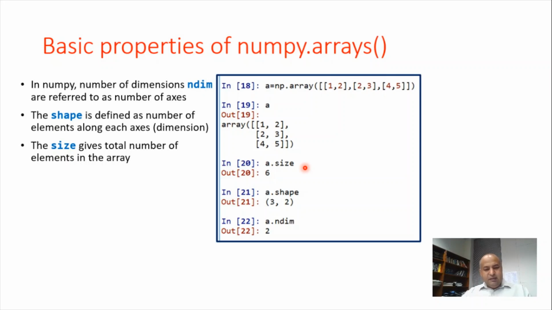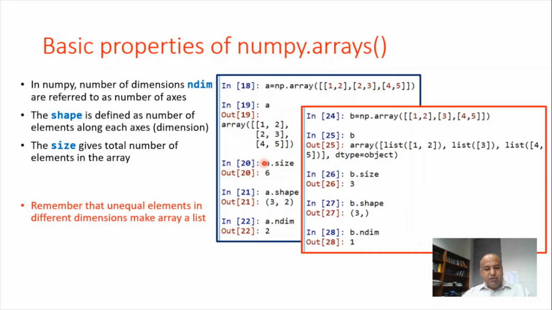Just to emphasize the previous point again, the size is a bit tricky if you have unequal numbers of elements in different dimensions. For example, look at this list. This is a one-dimensional array because it doesn't have the same number of elements here and here. So it's treated as a 1D array.